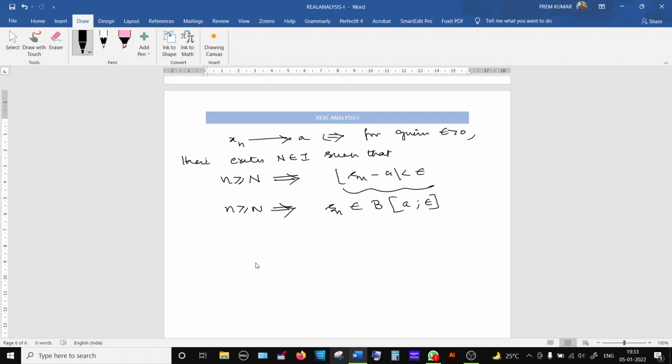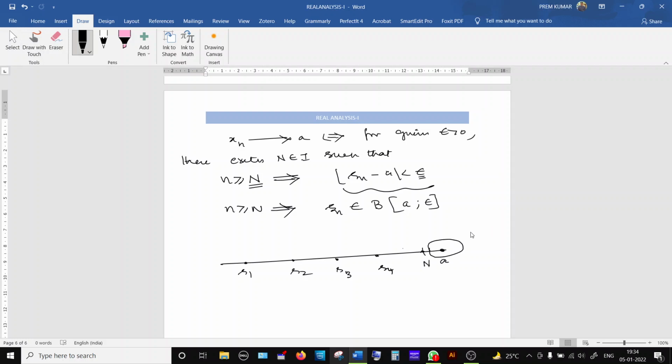Geometrically, this is S1 and my limit is somewhere here. Suppose this is our capital N. S1, S2, the sequence elements slowly come towards A. S4 and so on are very far away from A, but for this epsilon I find one N such that after this N there exists an open ball.